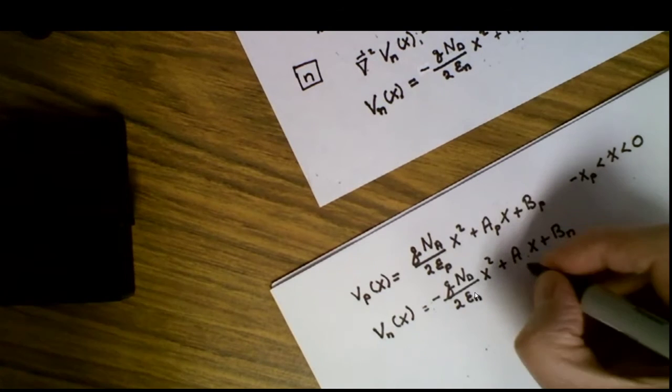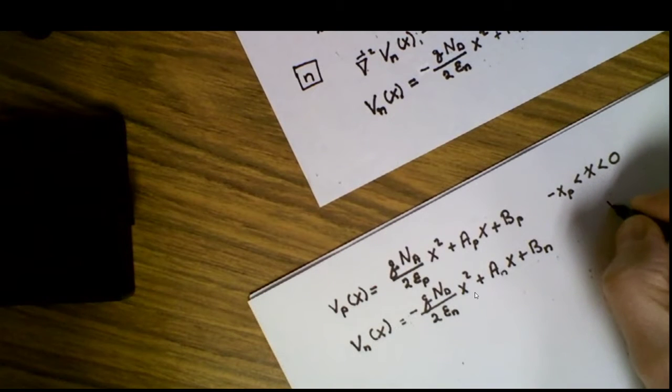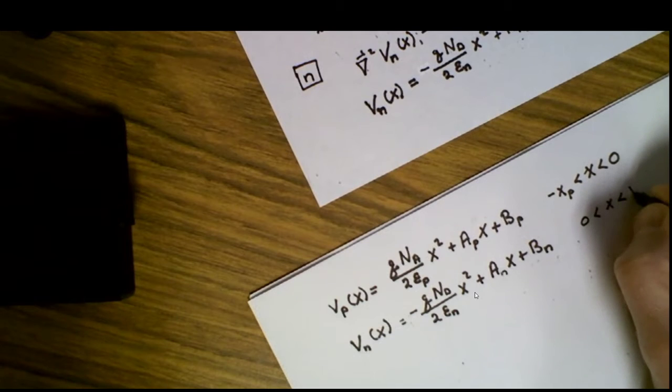So we have 4 equations and 4 unknowns, and this is valid for x being greater than 0, but less than x sub n.